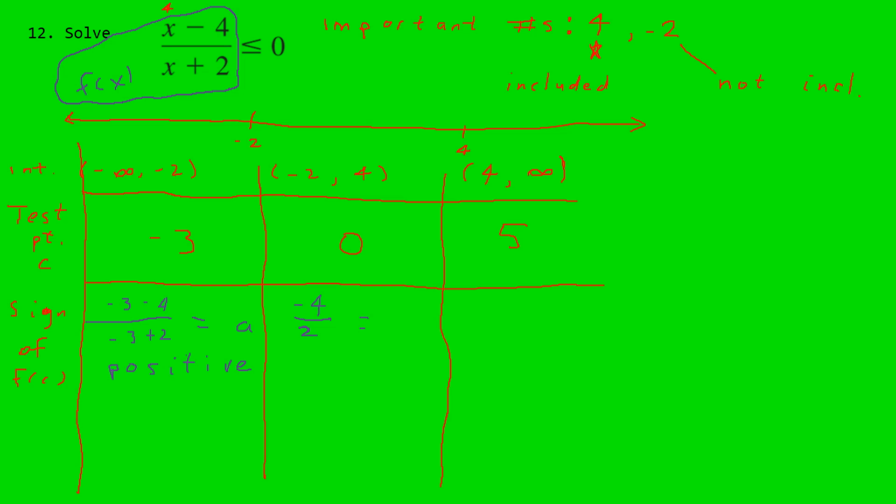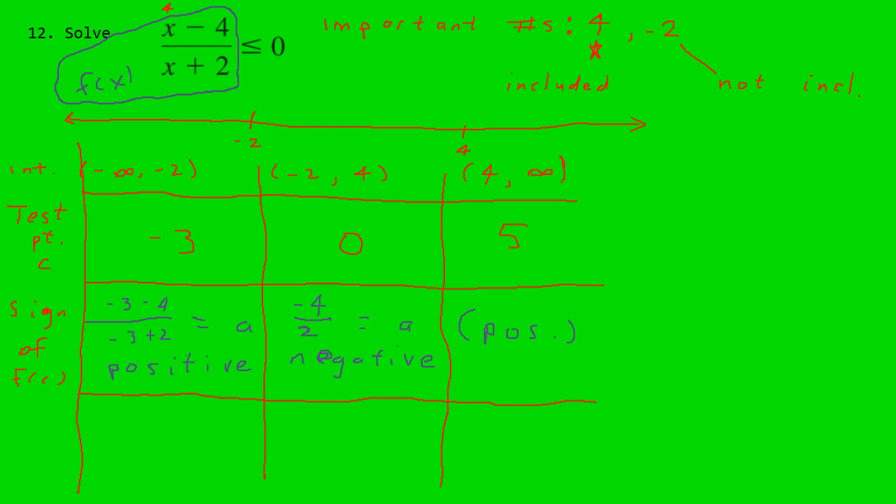Equals a positive, in other words, the number 7. But all that matters is that it's positive. For x equal to 0, we have -4 over 2, which is a negative. And then for 5, we have everything positive, so positive.